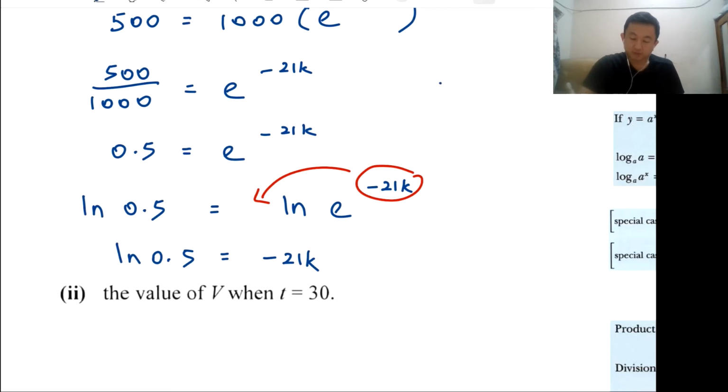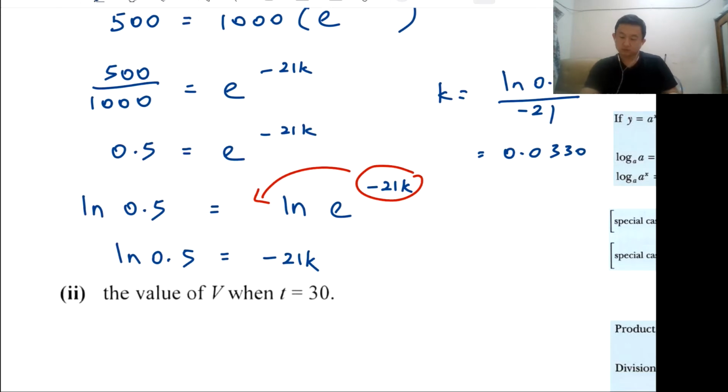So k should be ln 0.5 divided by negative 21. Let's see what is the answer. 0.0330.